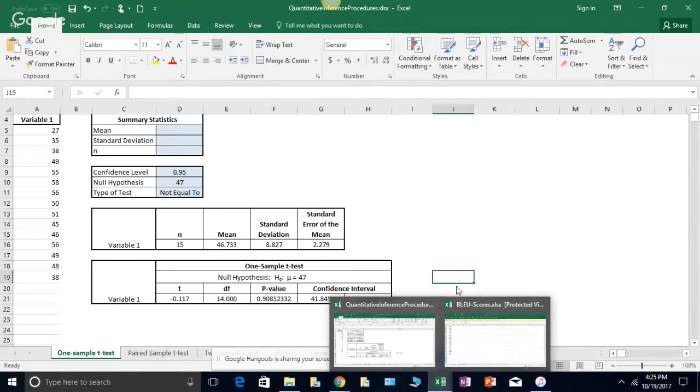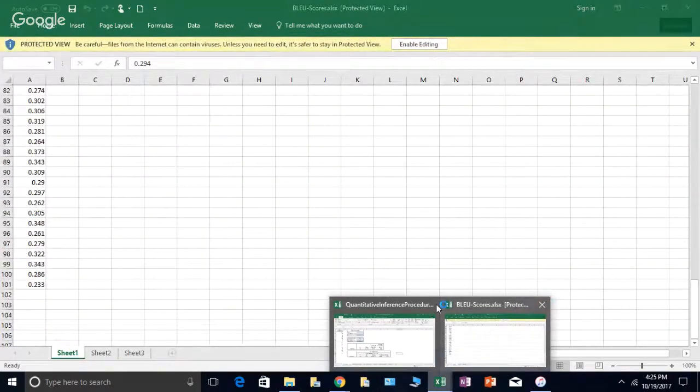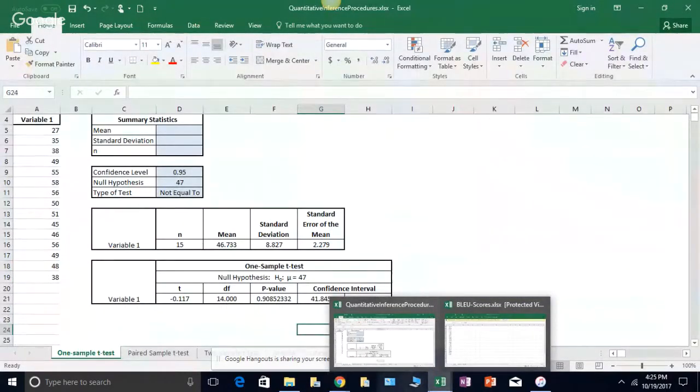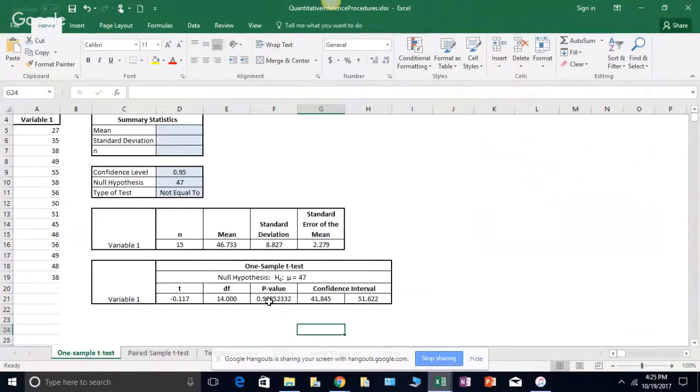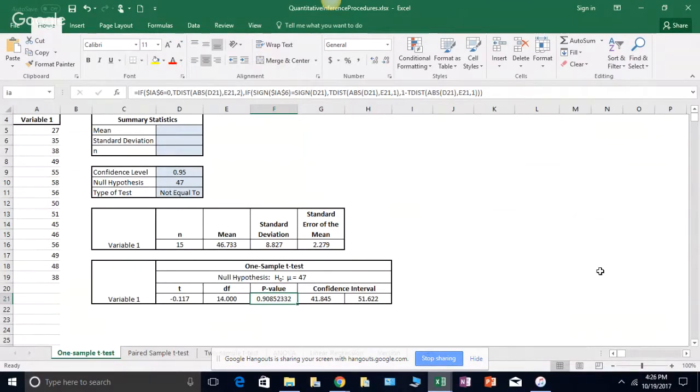So here's the p-value right there, 0.908. So do you reject or fail to reject? We fail to reject, because the p-value is greater than the level of significance. We fail to reject the null hypothesis.